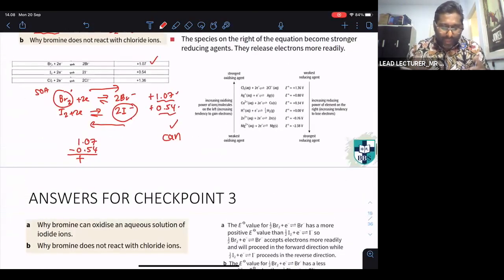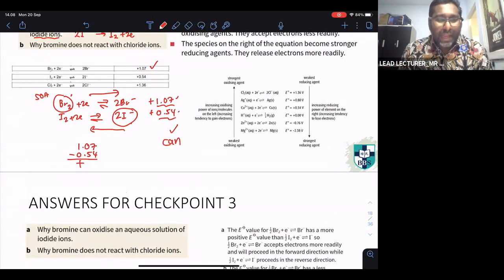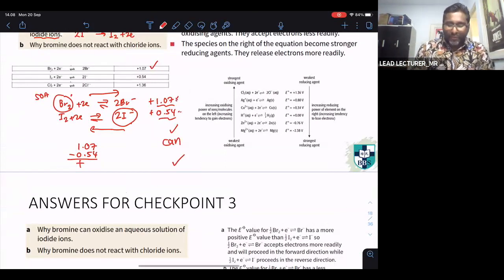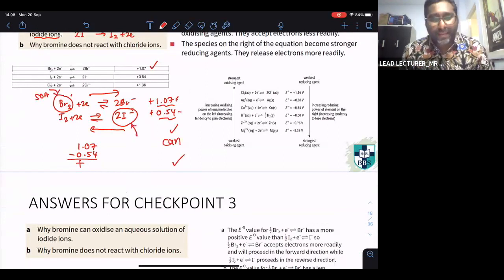If you want to tell using calculation, you can use the equation also, no problem. You can see more positive, less positive, this is automatically SOA, this is going to be SRA.